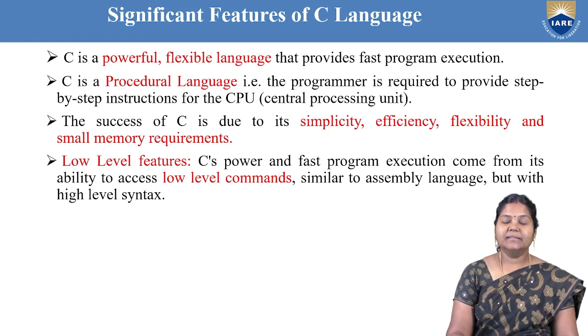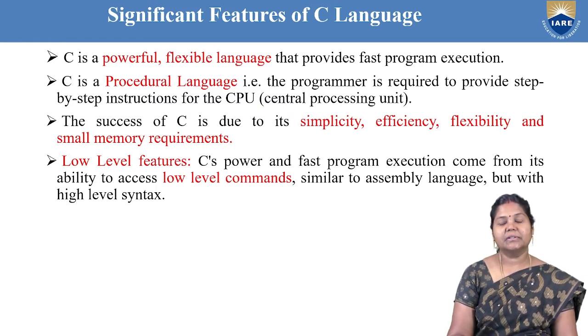Now, it has a number of low-level features. That's why it is a very suitable language for developing applications like compilers, assemblers, loaders, linkers, text editors, and so on. Using this language, you can directly interact with the hardware.